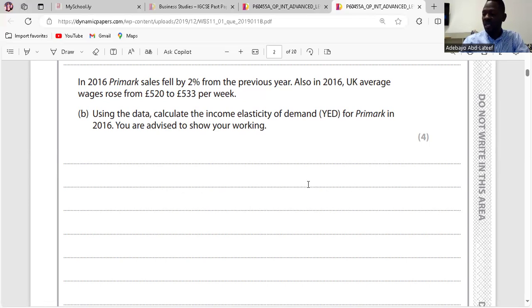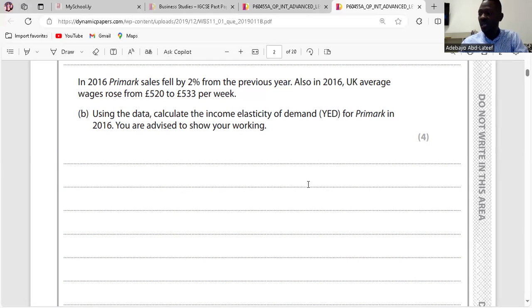Then you reciprocate: minus 2 over 100 multiplied by 520 over 13. Minus 2 multiplied by 520 gives minus 1,040, divided by 100 multiplied by 13, which is 1,300. So minus 1,040 divided by 1,300 is minus 0.8. So our YED is minus 0.8.